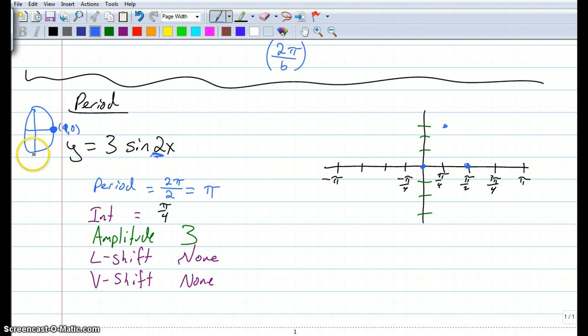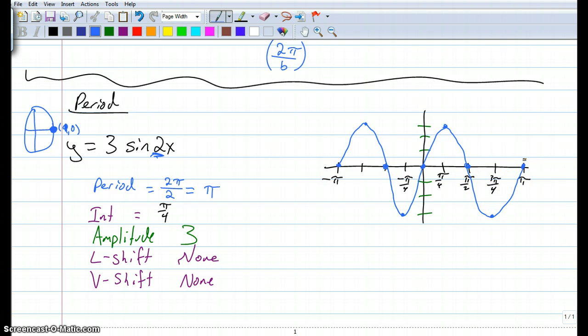Continues to fall until it hits -3 in this case. And then goes back up to 0. And then follow that pattern backwards. 0, bottom, 0, top. 0, bottom. 0, top. 0. And normally I'd have you just draw a dotted line here. But because we're not shifting this at all, we can just draw a solid line like this.